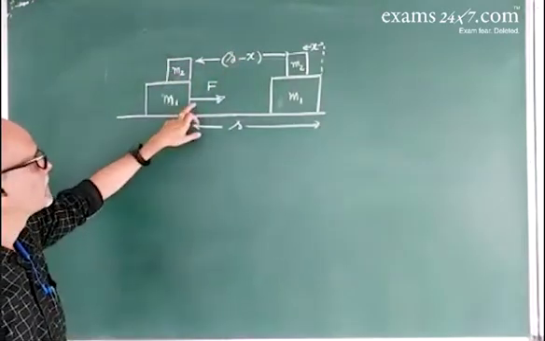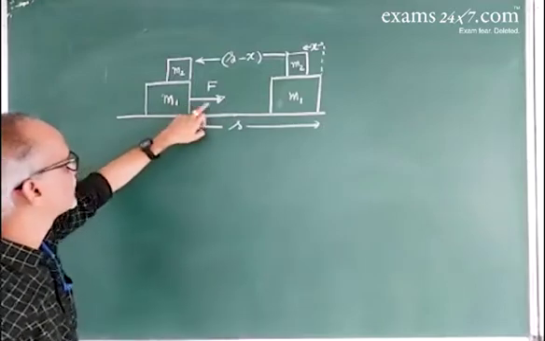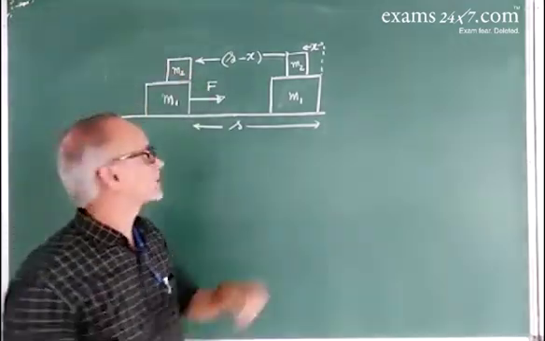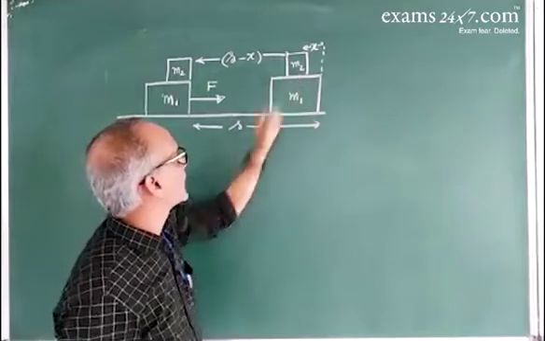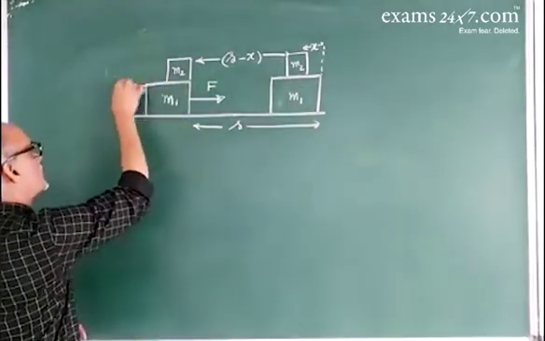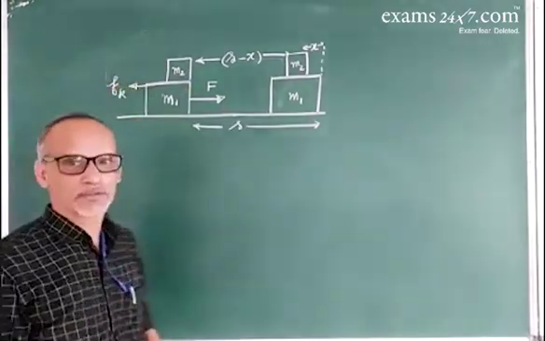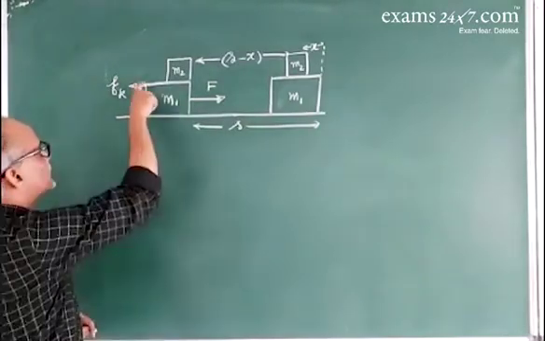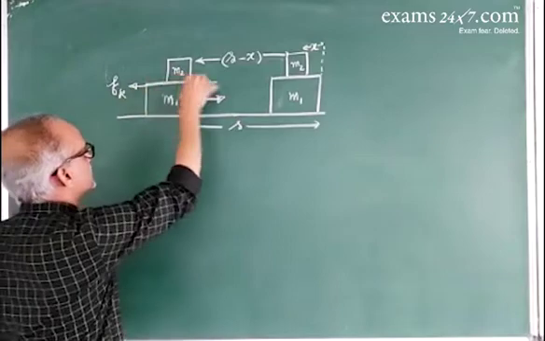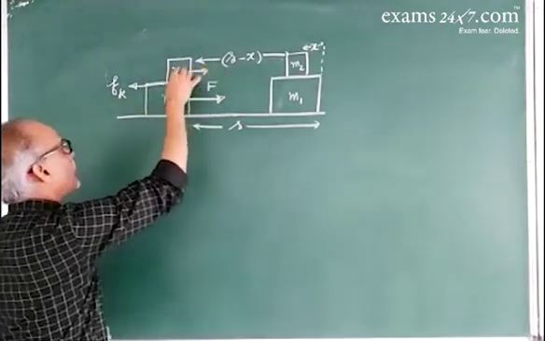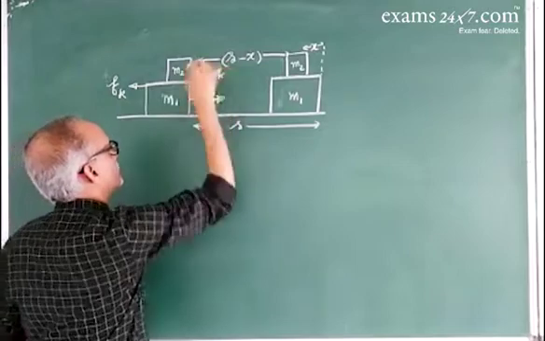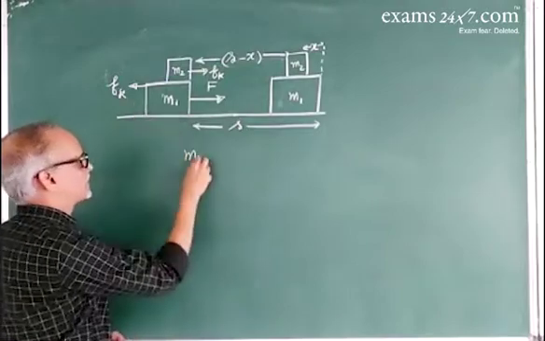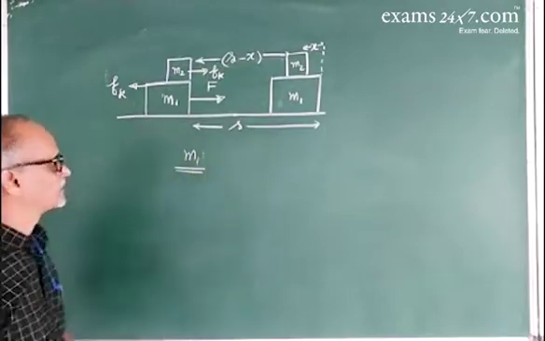And again, when the block M1 moves due to the force F, the force that acts between M1 and M2 is now not static, because there is relative motion between M1 and M2, and the force that is acting now is force of kinetic friction in a direction opposite to that of F. Similarly, due to that Fk, an exactly opposite frictional force acts on M2 in this direction.